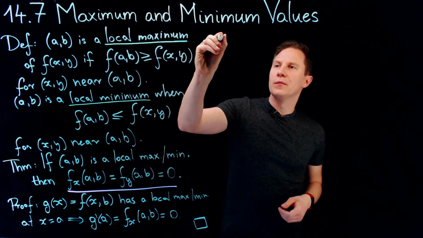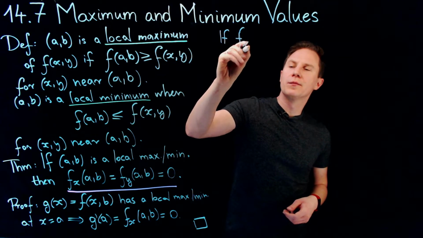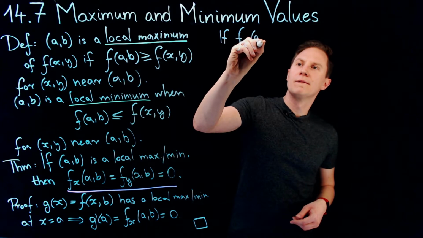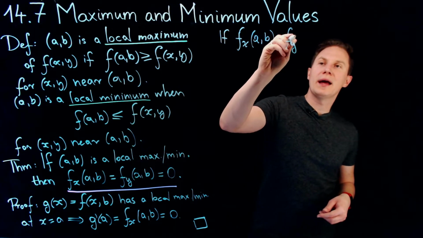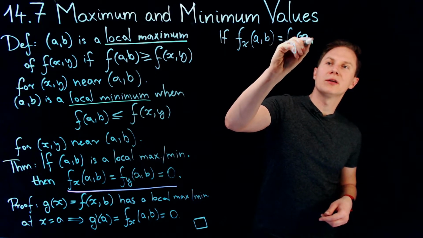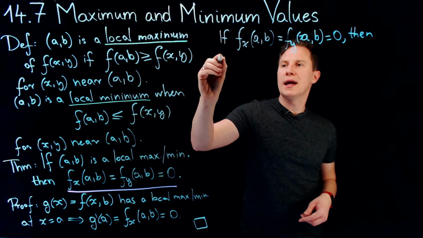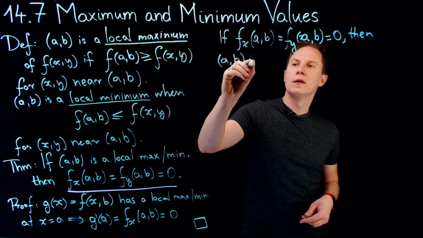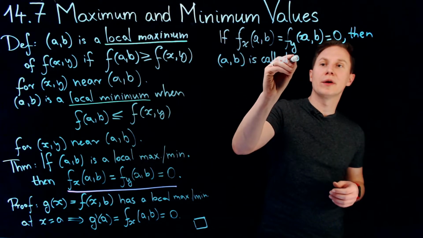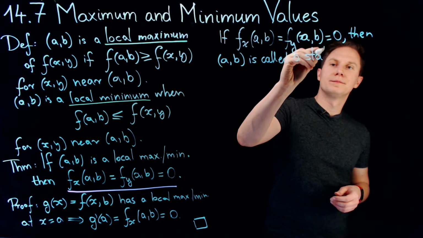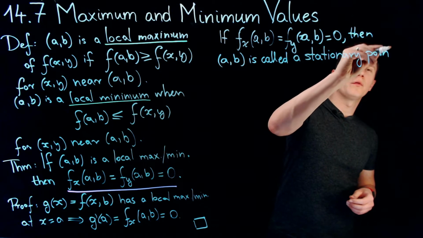Okay, so if we have these partial derivatives vanish at (a, b), so simultaneously both f sub x and f sub y vanish at (a, b), then (a, b) is called a critical or a stationary point of the function f.